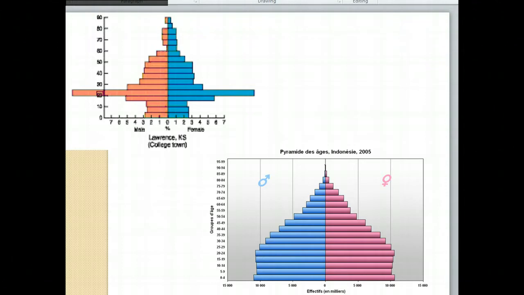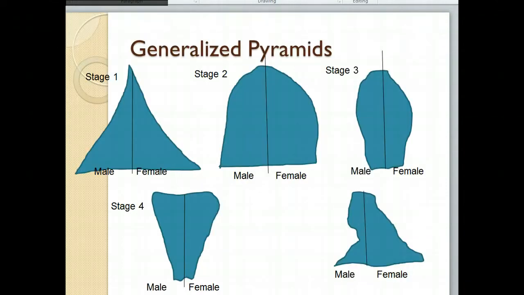We can look at the population pyramids in a very generalized way, where you have stage 1 through stage 4. In stage 1, your population is stable, your males and females are pretty even, and you have fewer people at the top and lots of young people at the bottom of your pyramid.